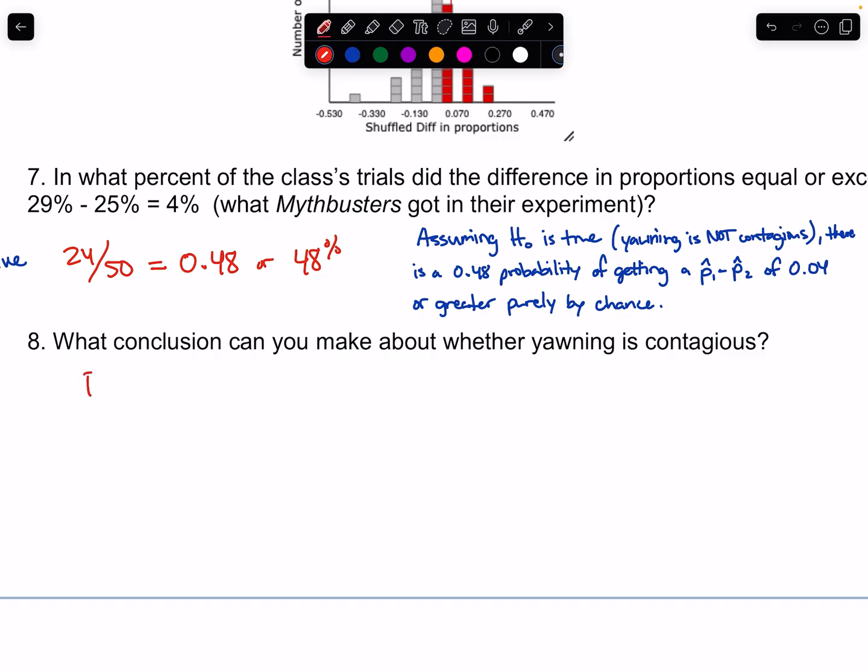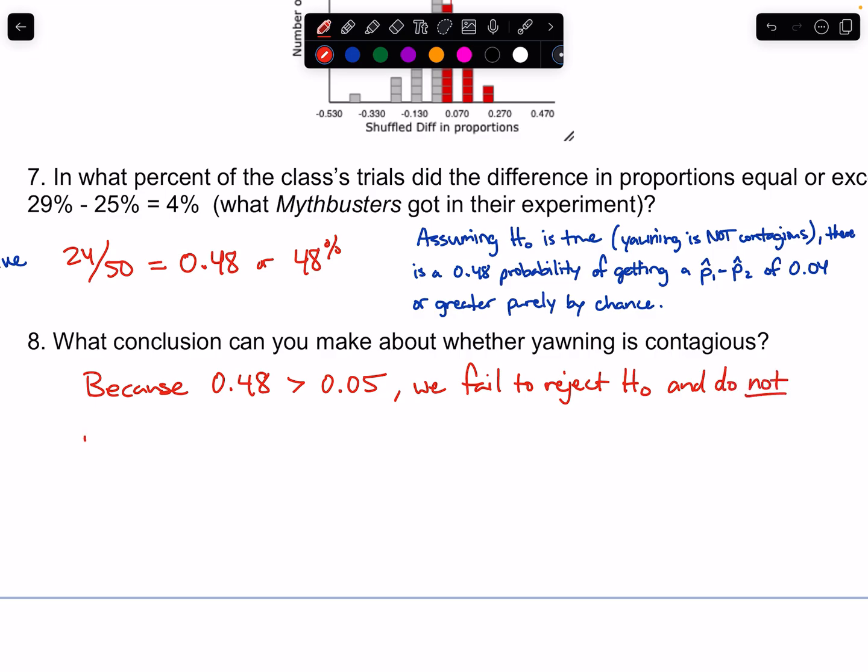That all comes down to the fact that because 0.48 is much bigger than that 5%, 48% is much bigger than 5%, we fail to reject our null hypothesis and do not have convincing evidence that yawning is contagious.